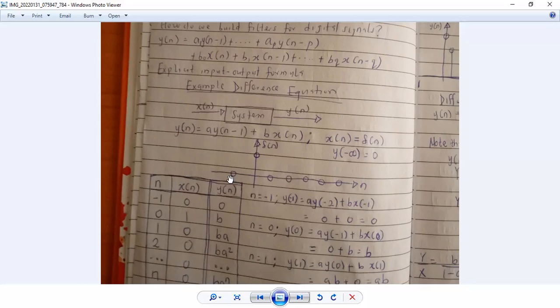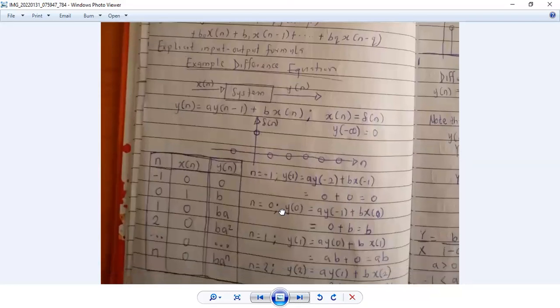The others, at negative and positive, are zeros. So we want to measure the output of the filter given this impulse.